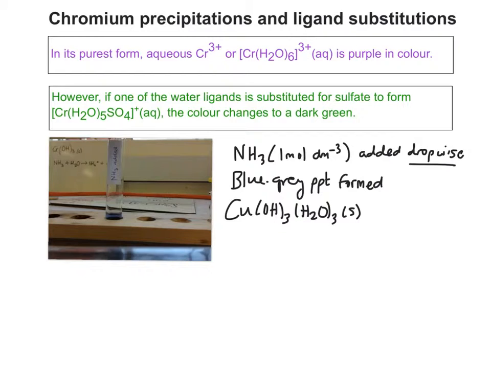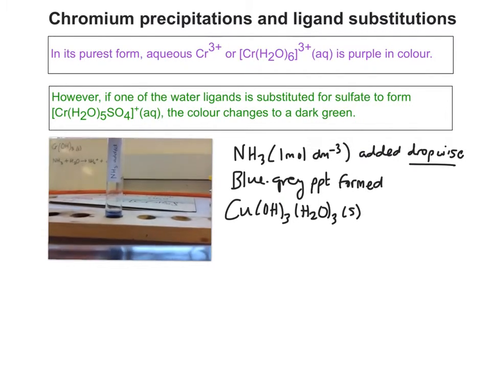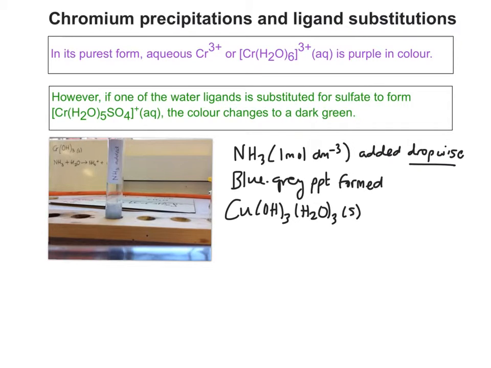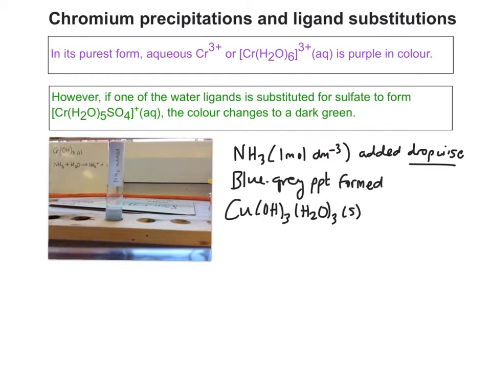So starting with ammonia being added to CrH2O6 3+, you can see quite quickly that a blue-grey precipitate is formed. However, this precipitate has the formula CrOH3 H2O3.